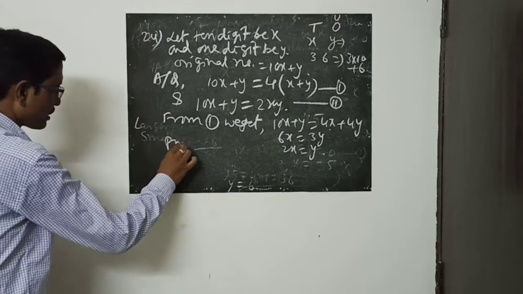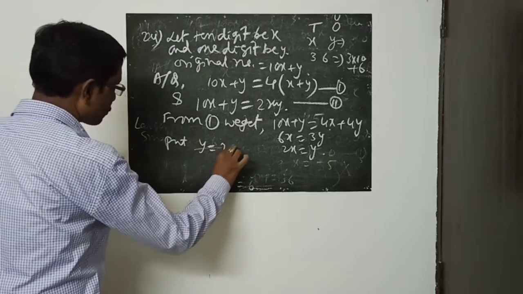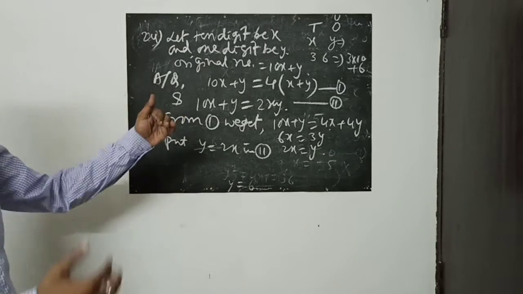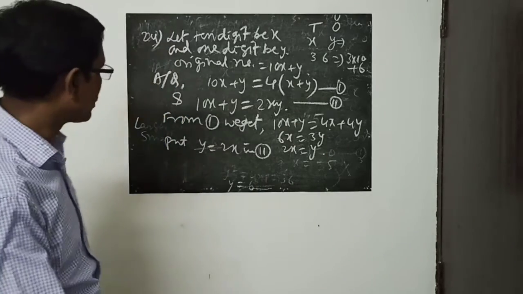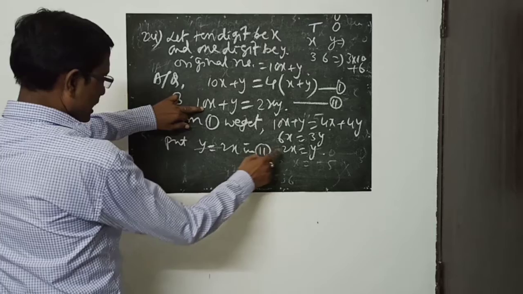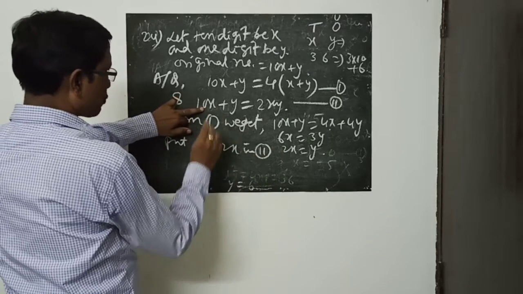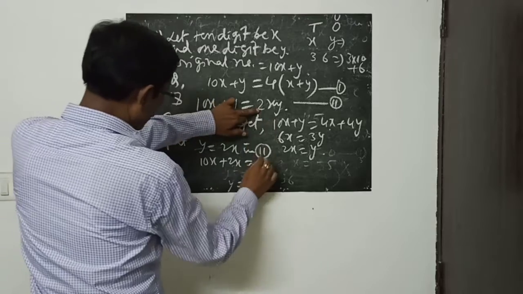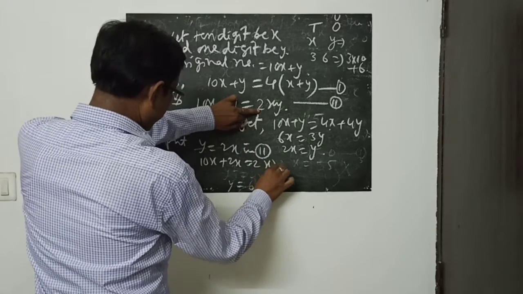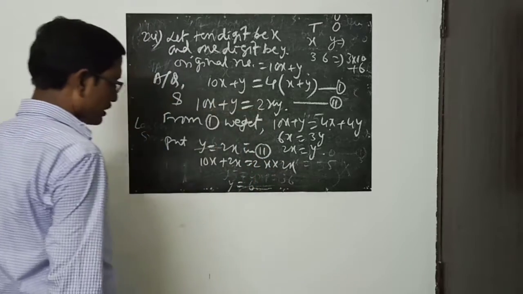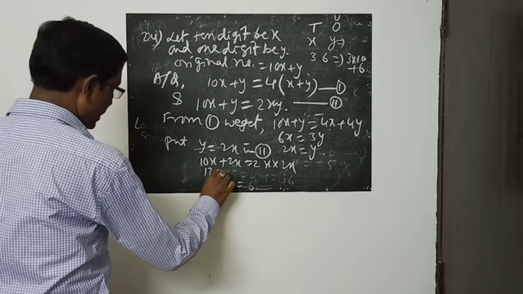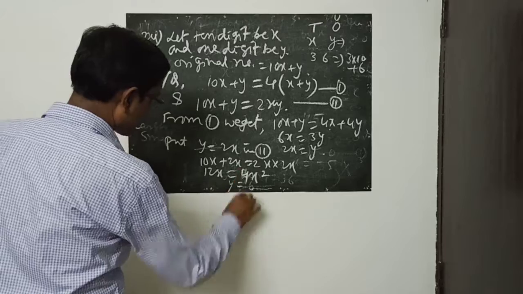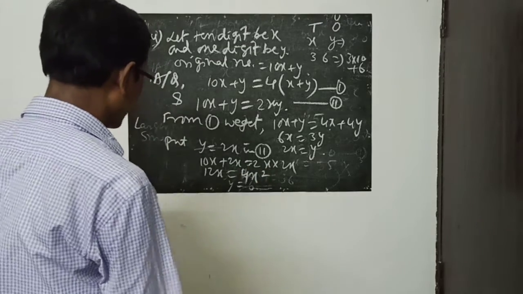Then put y equal to 2x, found from the first, and substitute in the second equation. Then what will you get? Instead of y you write 2x, where you have 10x plus 2x equal to 2 into x into 2x. 12x equal to 2x square, no, 4x square ultimately, since 2x into 2x is 4x square.